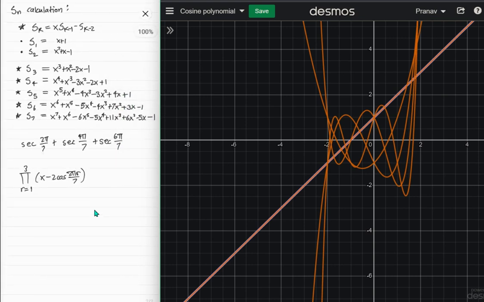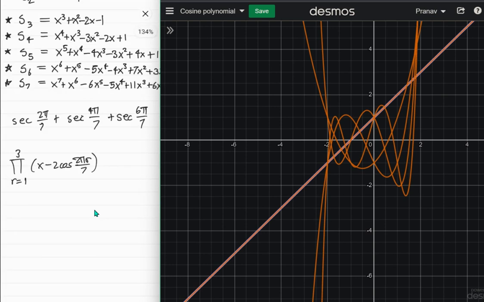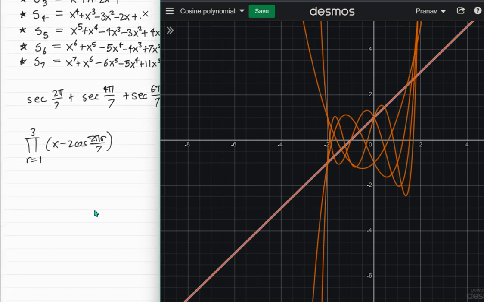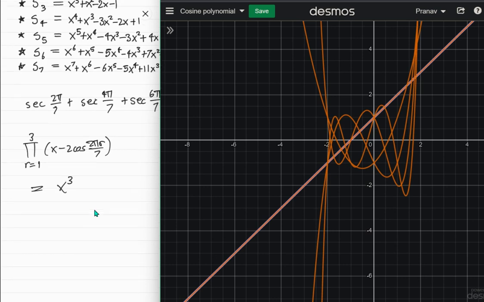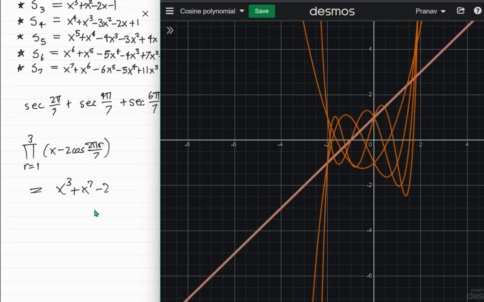So this polynomial is equal to x cubed plus x squared minus 2x minus 1. Now we directly know that these quantities are the zeros of this polynomial.